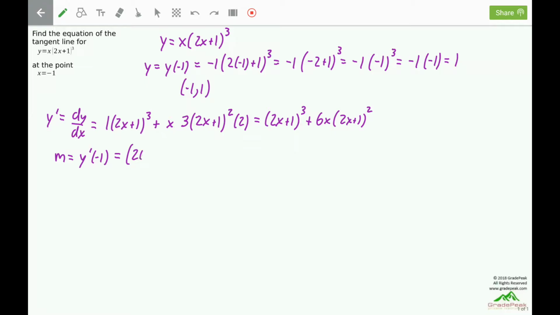So we have (2 times -1 plus 1) quantity cubed plus 6 times -1 times (2 times -1 plus 1) quantity squared. 2 times -1 is a -2 plus 1, cubed, plus 6 times a -1 is a -6. Again, 2 times -1 is a -2 plus 1, and this is squared.